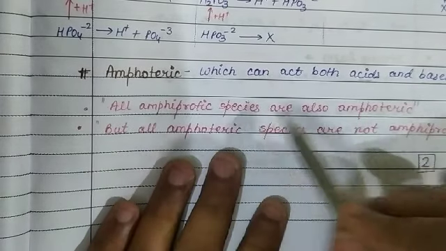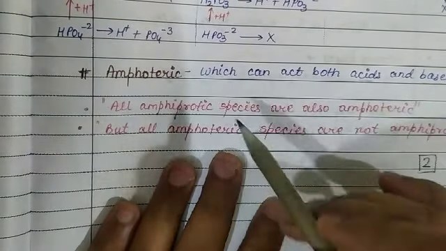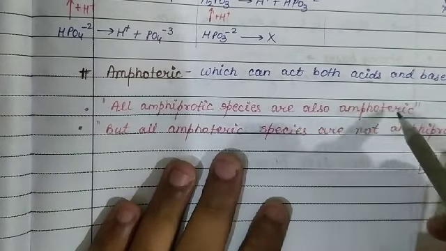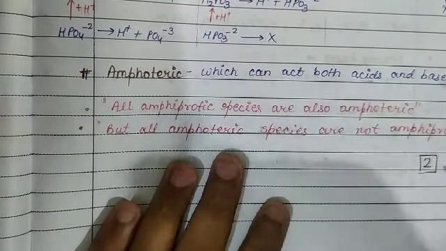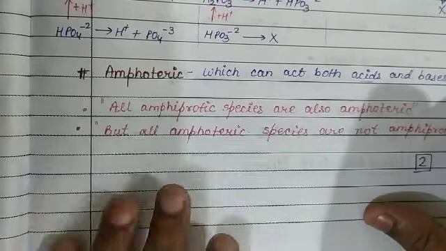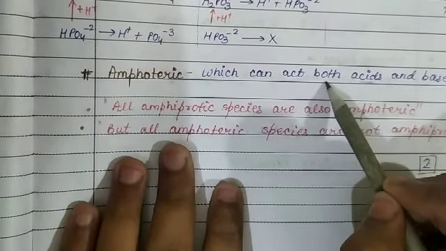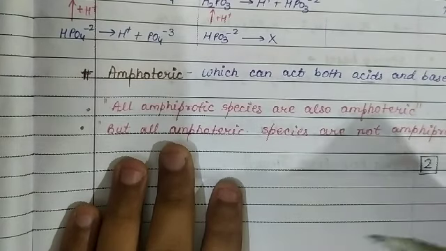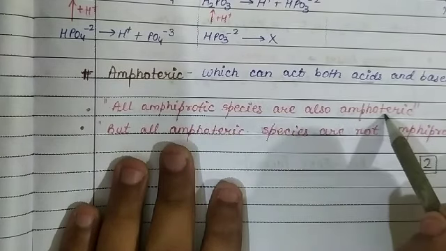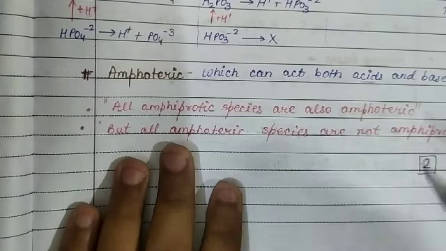All amphiprotic species are amphoteric, but all amphoteric species are not amphiprotic. Amphoteric means it can act as both acid and base, while amphiprotic is what can donate and accept H+ ion. All amphiprotic species are amphoteric, but all amphoteric species are not amphiprotic.